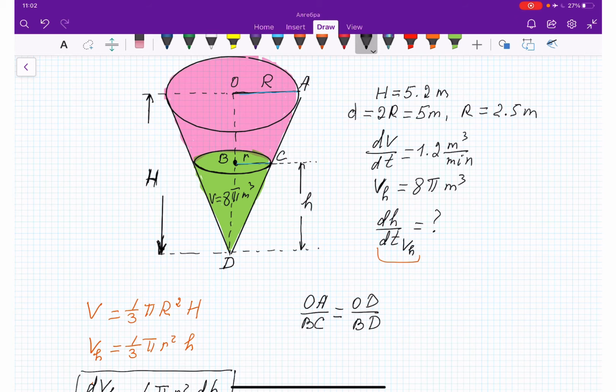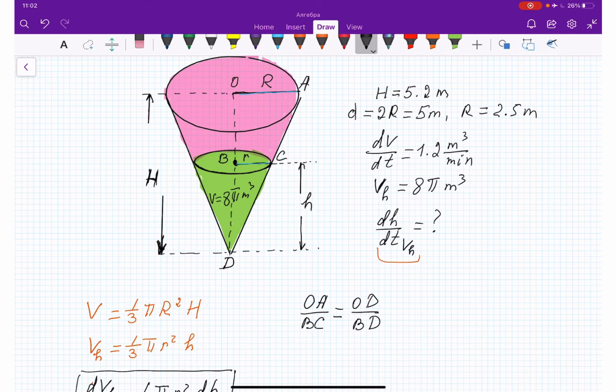OD to BD, yes? Because uppercase R radius is associated with uppercase H, the height of the entire cone. Lowercase r is associated with lowercase h for the green part of the cone, right? The one that is filled up with the level we are interested in.